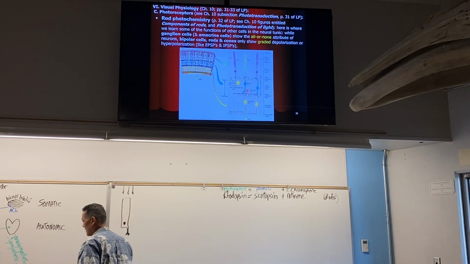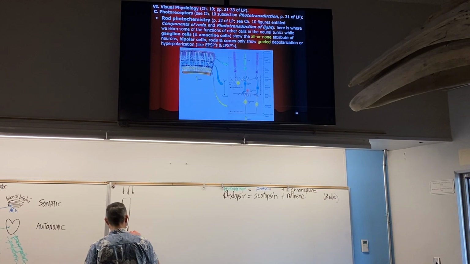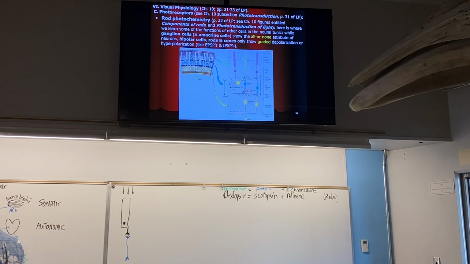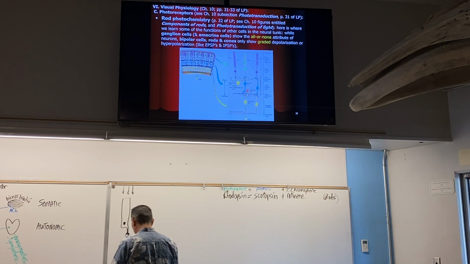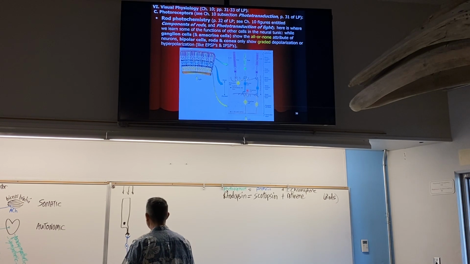And the rods synapse with bipolar neurons. This is the direct sequence. Amacrine cells and horizontal cells are kind of off to the side. So this is the direct inline sequence. You following me?